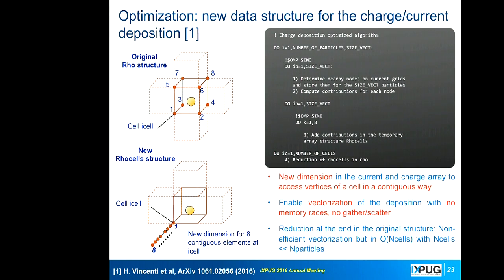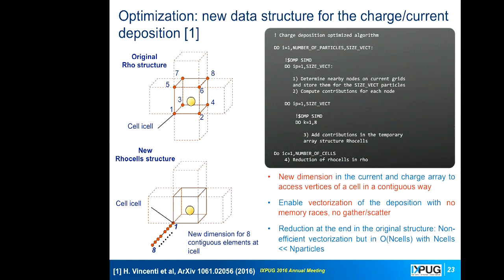Because the 8 nodes are aligned in this new dimension, we will avoid gather and scatter operations, and we will also avoid memory races because we will change how the parallelization is done, how the vectorization is done.